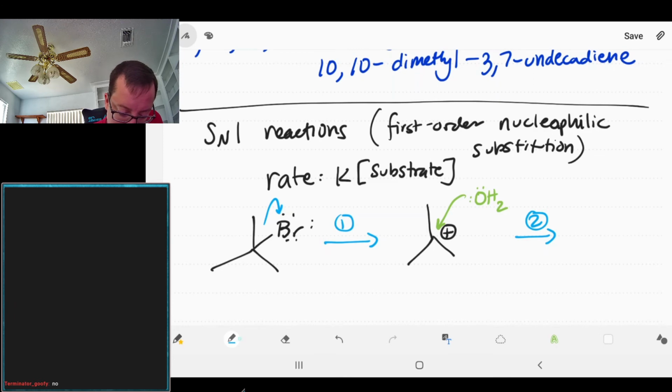So it's a two-step process to substitute in on here. And then technically our third step, we need to just make this neutral.